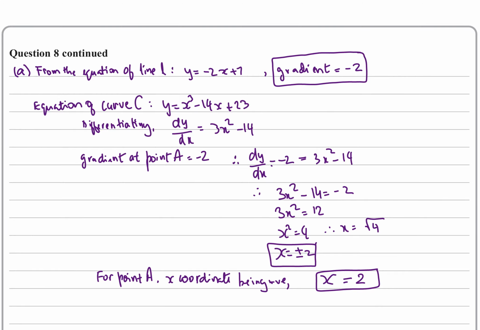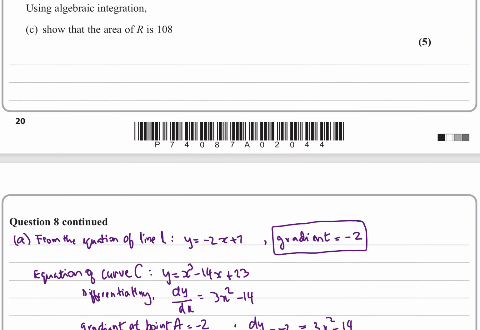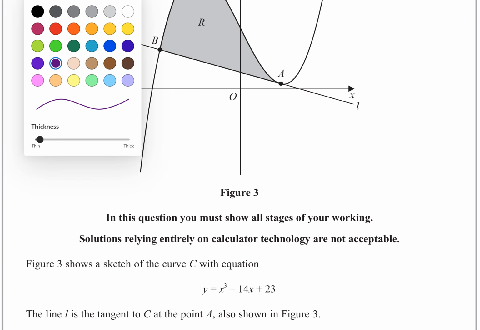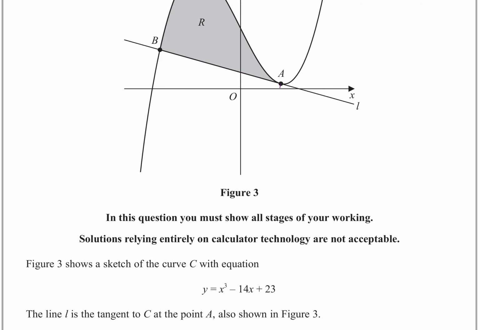That proves the first part, so the first part is done. So this is the point A, touching the x-axis, so this would be 2. We don't know the y-coordinate, so we will come to that bit in a moment.